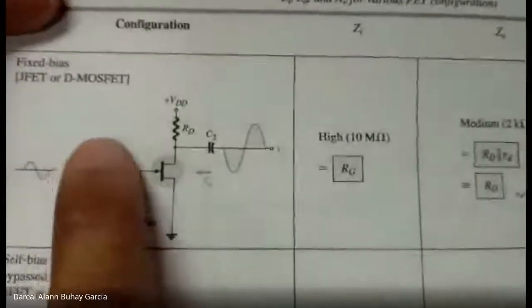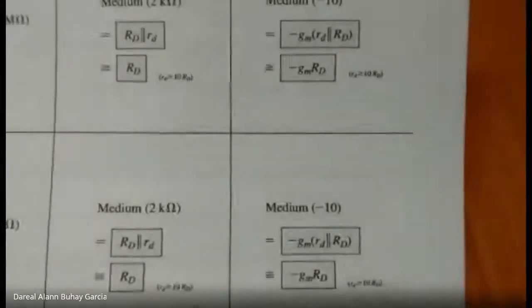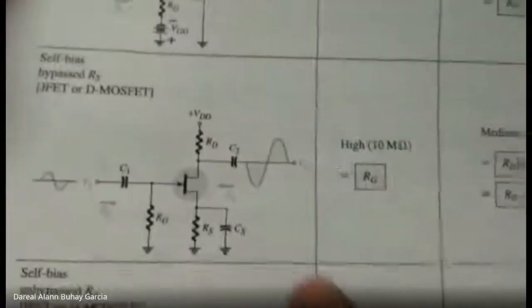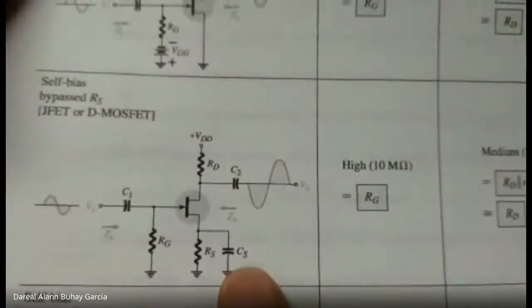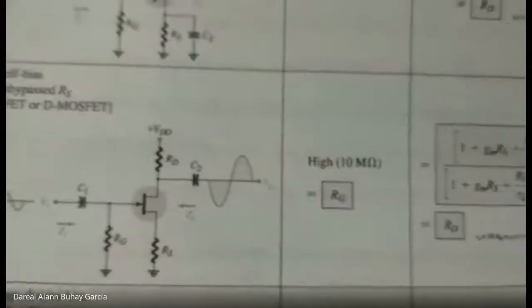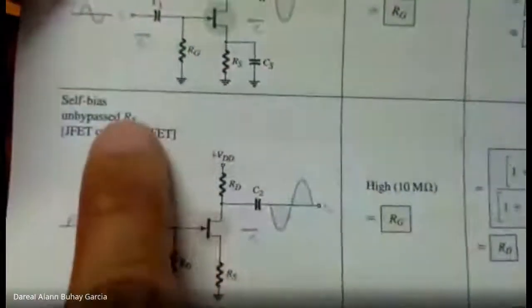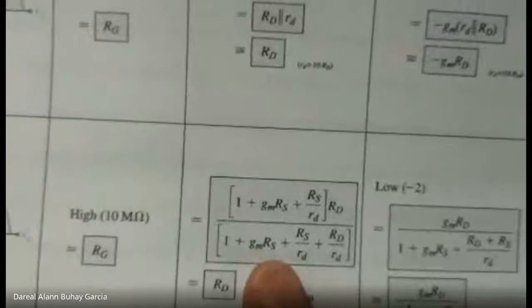For the fixed bias, if you've observed, pareha ra. Kaya ang fixed bias ug ang self-bias nga naay capacitor, equivalent lang. Self-bias unbypassed, meaning walay bypass capacitor sa RS, medyo complicated gamay ang formula.